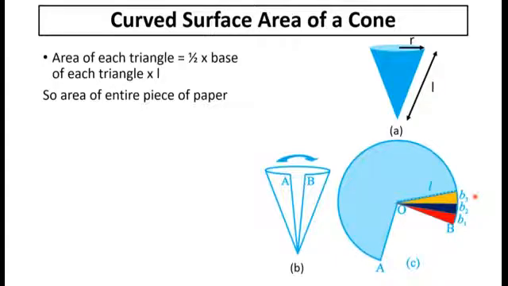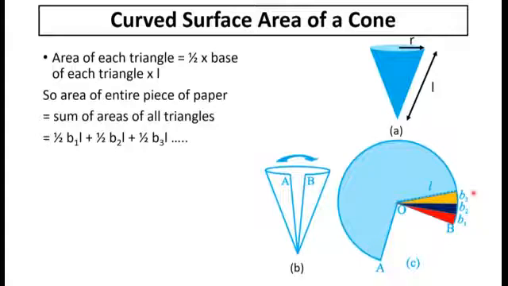So area of the entire piece of this sheet will be equal to the sum of areas of all triangles. This can be further written as half B1 L plus half B2 L plus half B3 L and so on. If we take half L as common, this becomes half L within bracket B1 plus B2 plus B3.